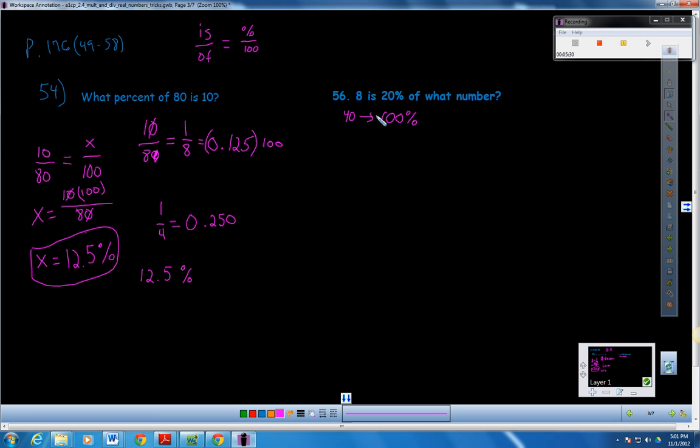And if you think about it like that, in common sense terms, it actually is a lot easier. Or you could come over here and use is over of equals percent over 100. I'm just going to set that up real quick so you can see that is the tried and true method. I have my percentage, like I said, it is 20 over 100.